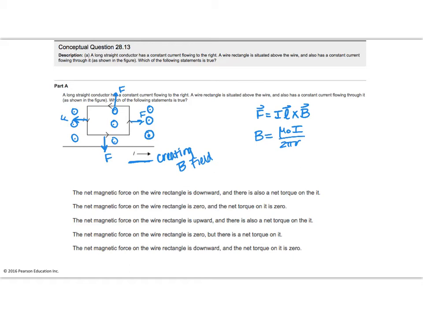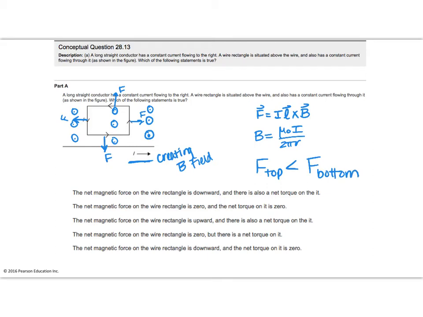So the force to the right and the force to the left will always be canceling each other out. However, thinking about the fact that the magnetic field is stronger closer to the wire than it is further away from the wire, the force on the top is less than the force on the bottom because of the stronger field as we get closer to the wire.